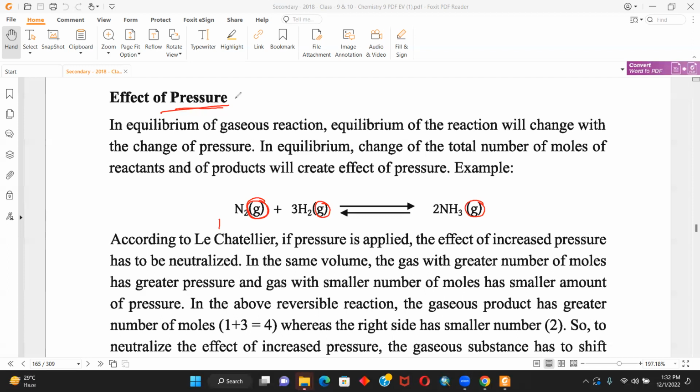So this is a very important thing. Now, what you will have to consider is the change in moles of gaseous elements. What did I say? Change in moles of gaseous elements.